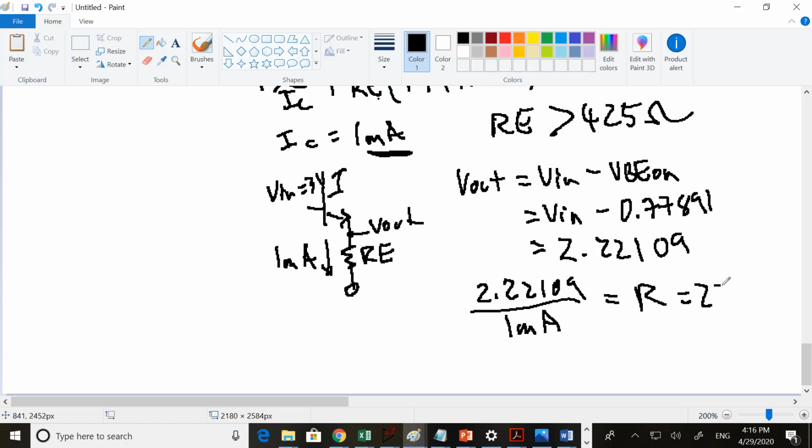Really, you need that big a resistor. 2,221 ohms. And so now you'll get your 1 milliamp when you're at rest here for this RE, set RE.